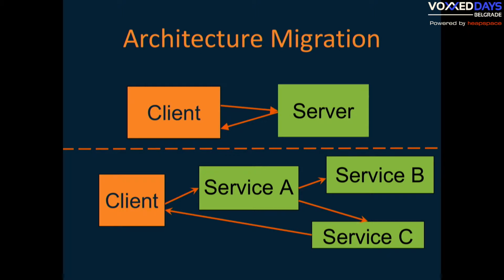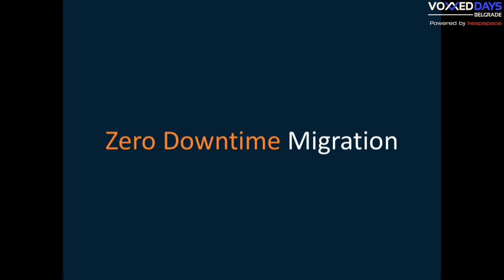In this case, the client will send a request to one service, which will send another request to other services, and the client will retrieve information from yet another service. So this is roughly what the shape of the migration is. Every single migration will look different for you and will have different steps associated with it, but we are going to talk about common patterns that occur across all migrations. So now let's talk about zero downtime.